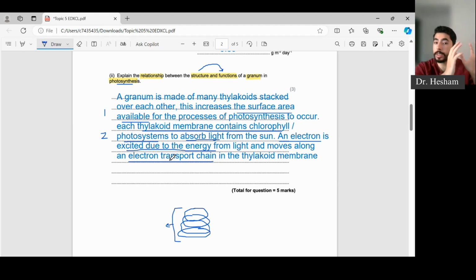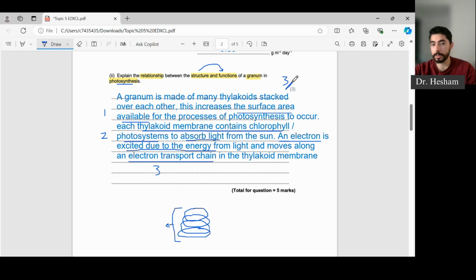So the function is the electron gets excited. The structure is the electron transport chain. So you linked the relationship between a structure and a function. So you mentioned 3 structures about the granum, and you mentioned 3 functions that are related to them, and therefore you get 3 marks. Hope that's clear.